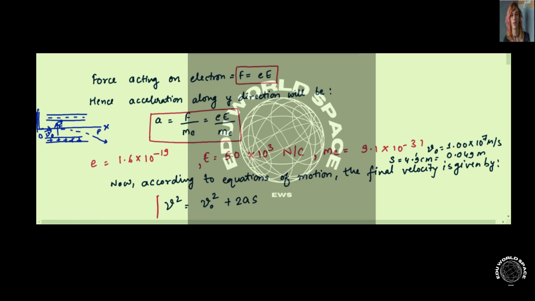We will use the equation of motion, but for getting the value of a, we say that the force acting on the electron will be F equals eE. That means the charge multiplied with the electric field value gives the force.